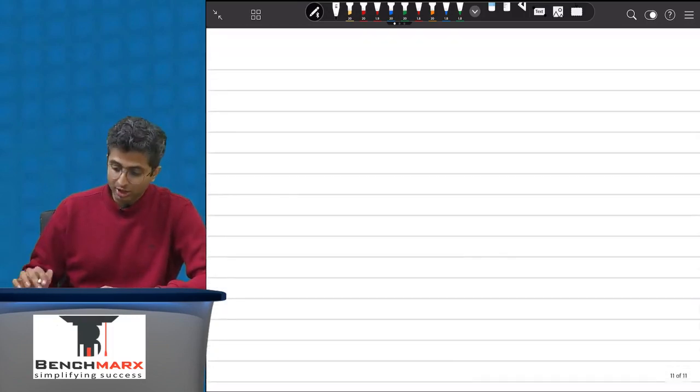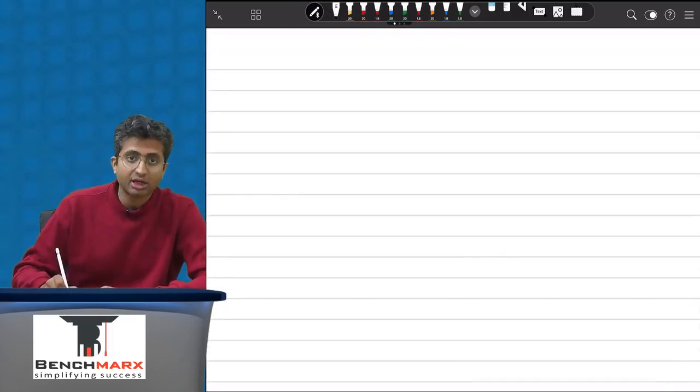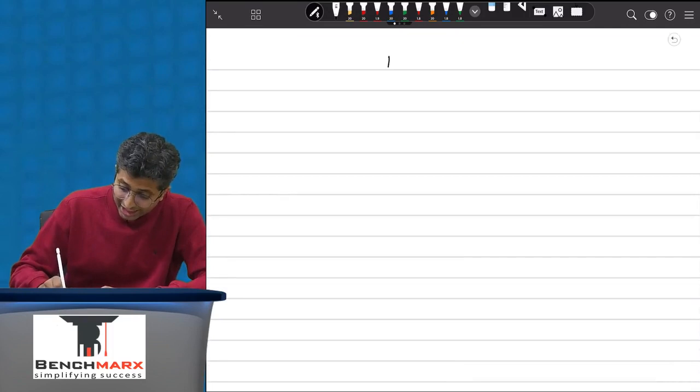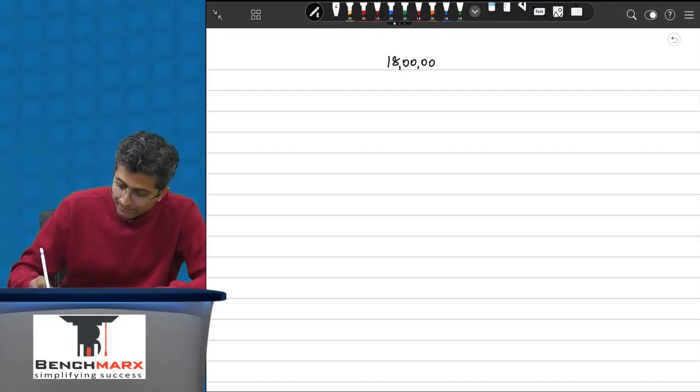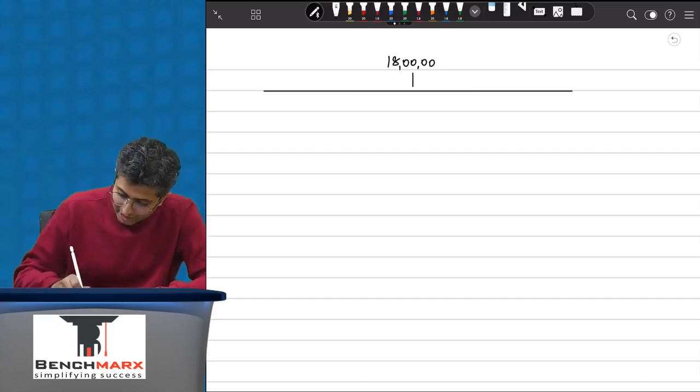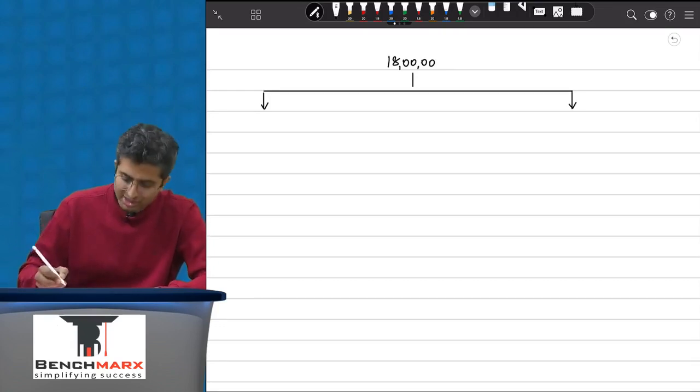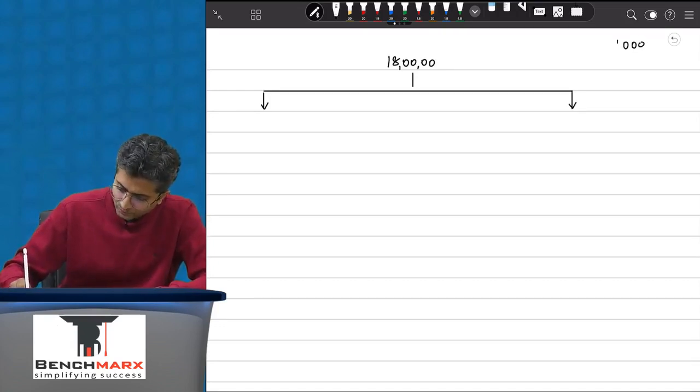However, when you look at convertible bonds, you will have to see the value. So this is 18 crores, the total value, out of which you will have to segregate this between the liability component and the equity component. I'm just putting this in thousands again.